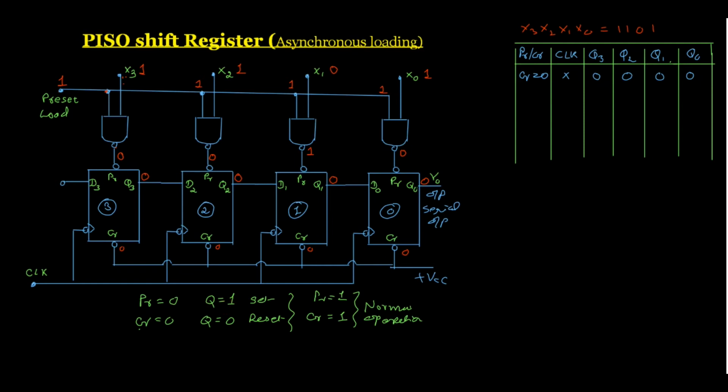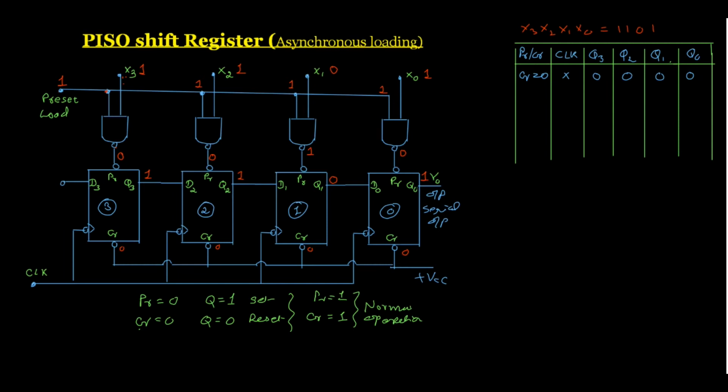As a result, this output will be high, this output will be high, and this output will also be high. So here we will write a 1, 1, and this will also be a 1.